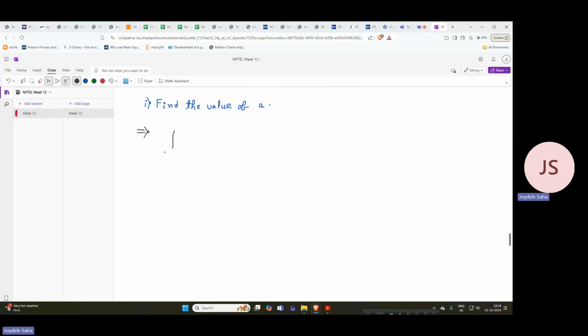So initially we will write it double integration of minus infinity to plus infinity f of xy dx dy is 1. Okay.